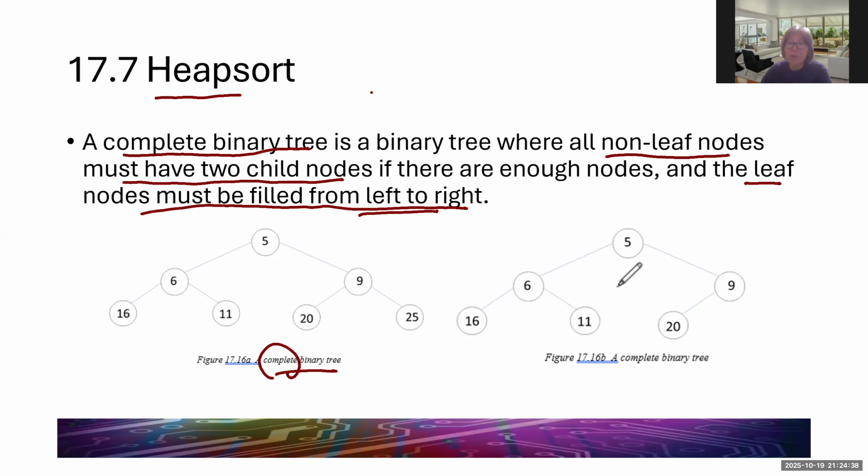For case B, we can also see each non-leaf node has two child nodes, but not node 9, because we don't have another number to fill here. That's okay, since all leaf nodes are also filled from left to right. So both of these two cases are complete binary trees.